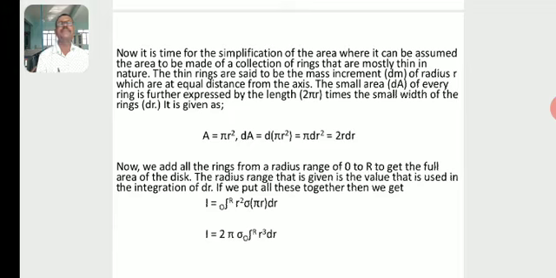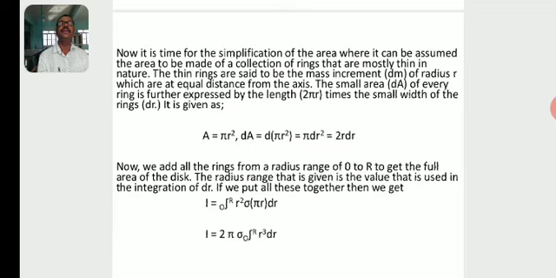So the area A is equal to pi r square. Then dA is equal to d of pi r square, that means for a small area, dA is equal to 2 pi r dr, the differentiation of r square becoming 2r dr. Now we add all the rings from the radius range of 0 to R, where capital R indicates the radius of the disk, and small r indicates the radius of the elementary section.